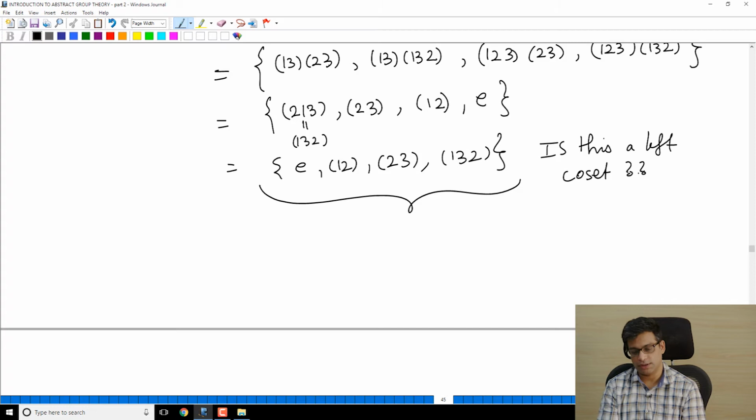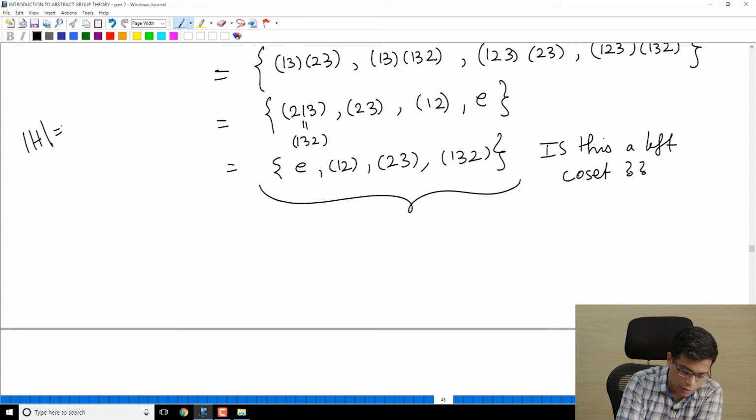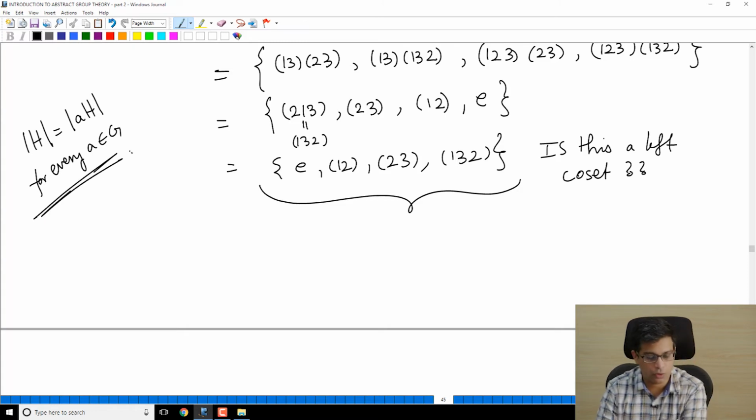We computed the left cosets of this subgroup in an earlier video, and either by looking at the list of cosets that we computed, or using the counting formula: the cardinality of H is equal to the cardinality of AH for every A in G. So any left coset of H must have the same number of elements as H, which is 2 in our example.